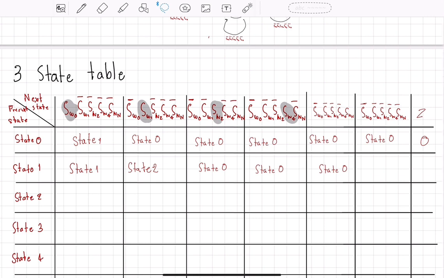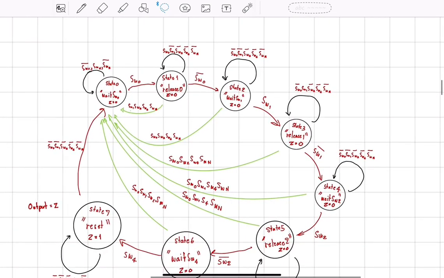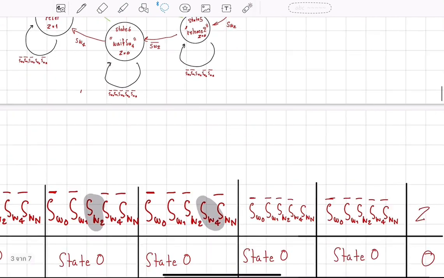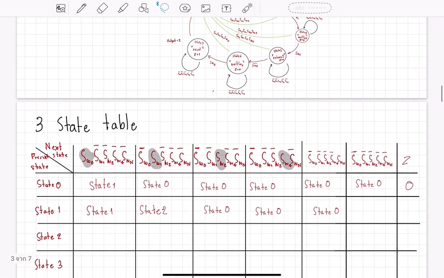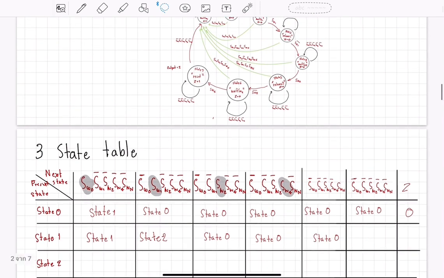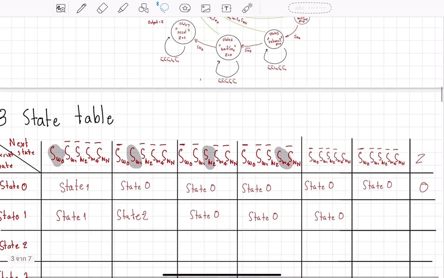Yes, I push switch 1 again. When I don't push any switch in state 1, it goes to state 0.